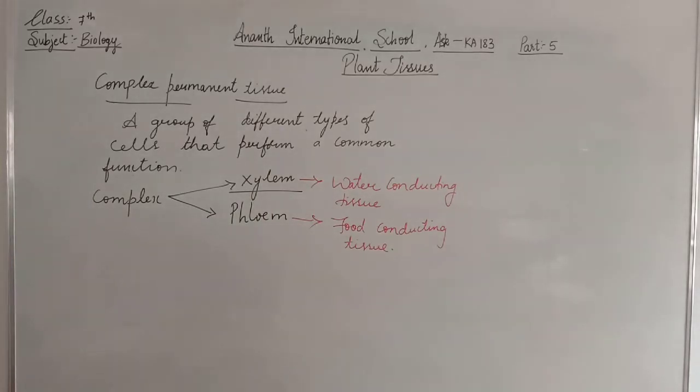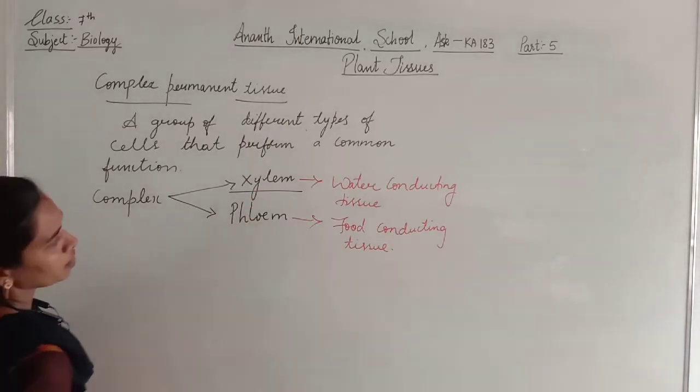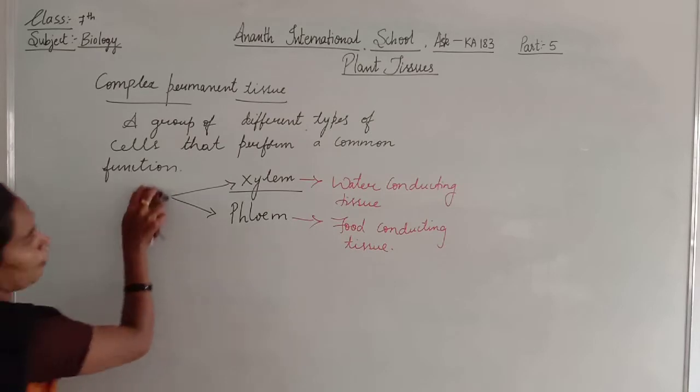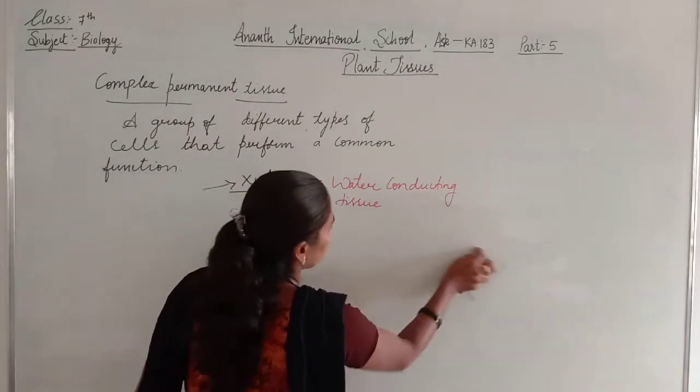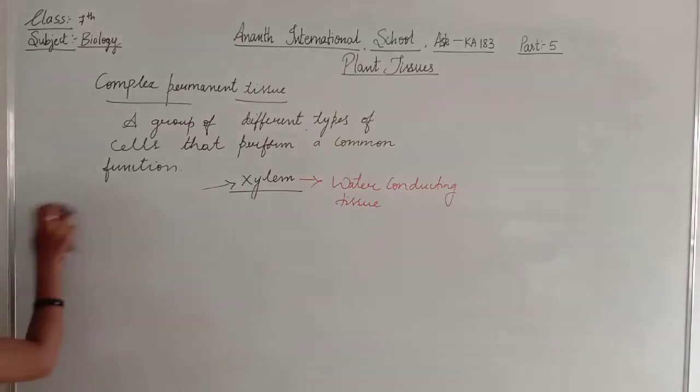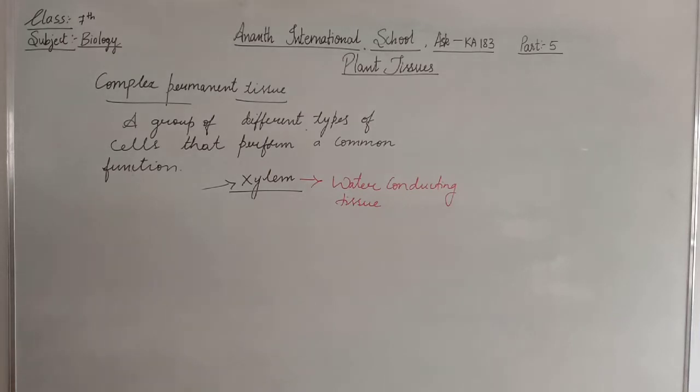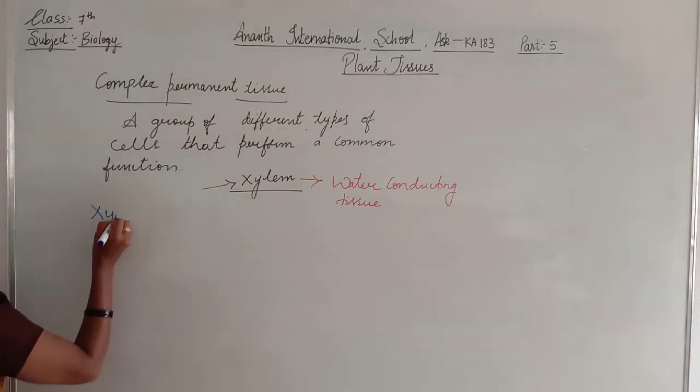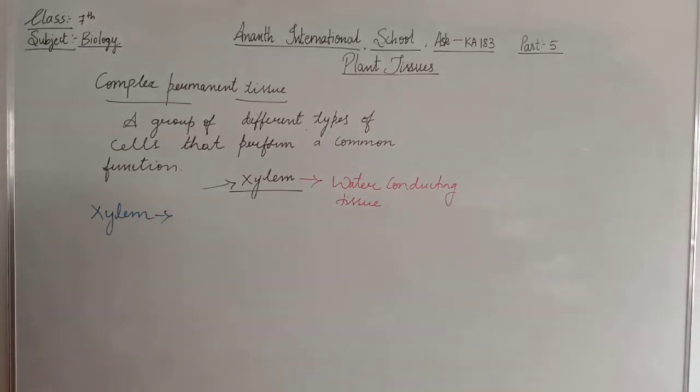So we shall only concentrate on the xylem tissue. How are the cells made up in the xylem tissue? As you all know, it is a conducting tissue for the absorption of water and minerals from the roots. The water is conducted in the xylem tissue.